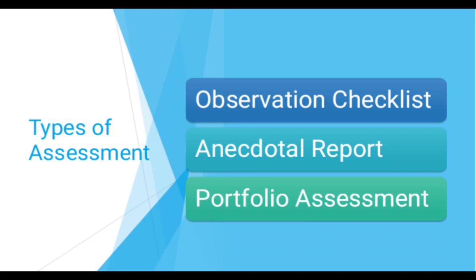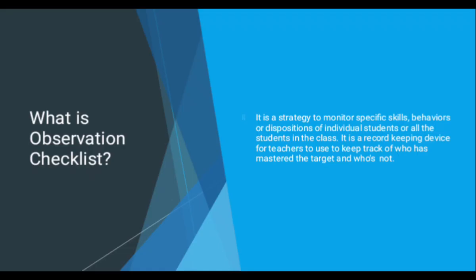There are three types of assessment: the observation checklist, anecdotal report, and lastly, the portfolio assessment. What is observation checklist? Observation checklist is a strategy that monitors specific skills, behaviors, or dispositions of individual students or all the students in the class.